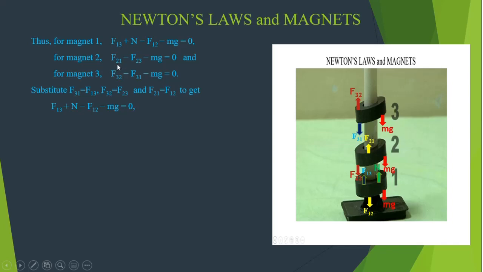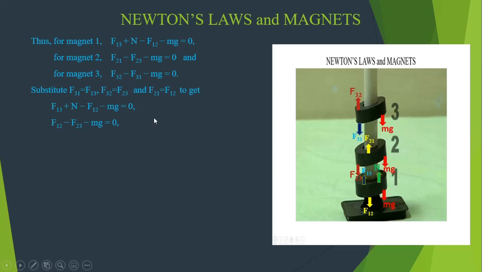Instead of F21 we write F12, so the second equation becomes F12 minus F23 minus mg equals 0. In the last equation, replace F32 with F23 and F31 with F13.